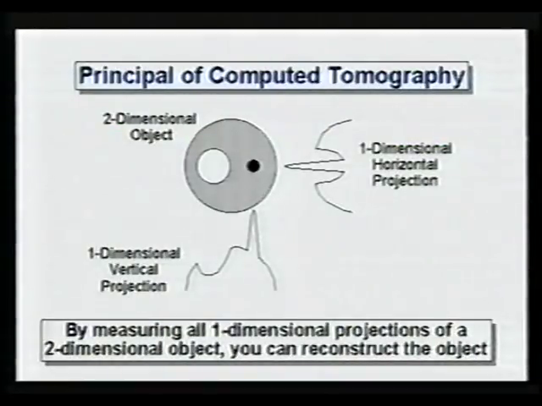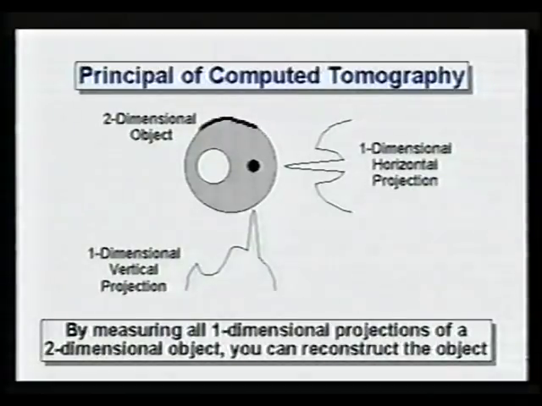Now the mathematics behind computed tomography is much too complicated for me to go into here. It would take the whole hour to do that, but the basics behind it is described here.